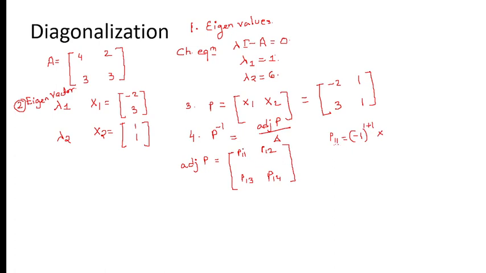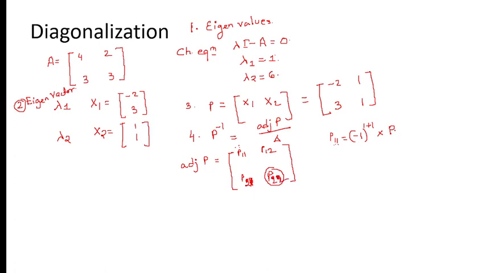For the minor, if you remove the first row and the first column, what remains is P22. Sorry for the mess.